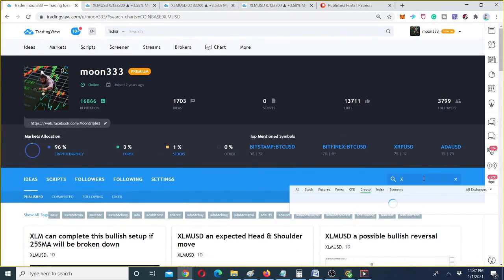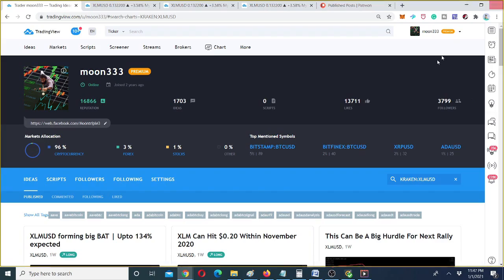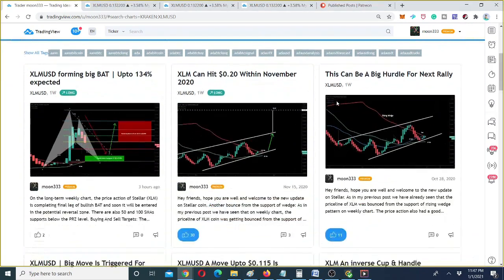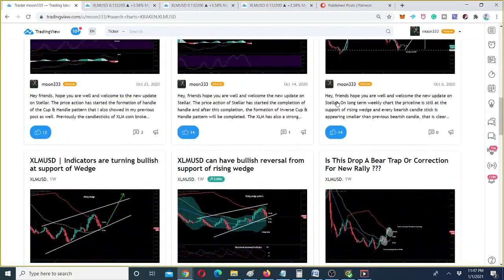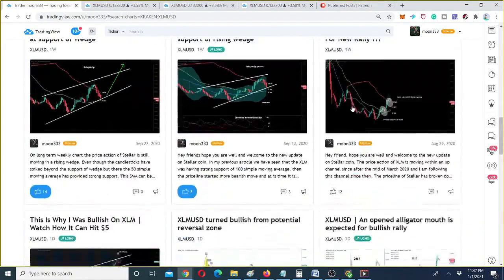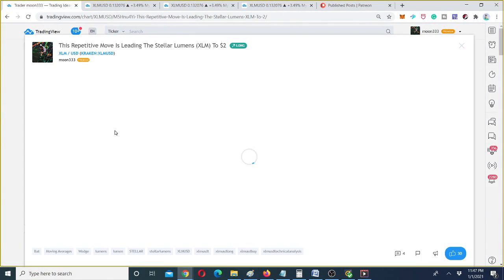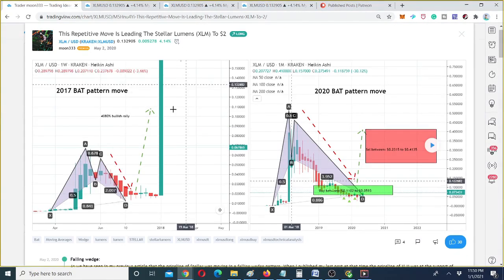Then the price action of Stellar produced more than 4,000% rally. For example, if at this time the price action again starts the bull rally and produces more than 4,000% rally, then we can expect that Stellar can move beyond $5. Here you can see this move again.